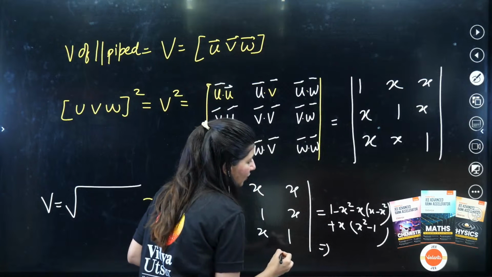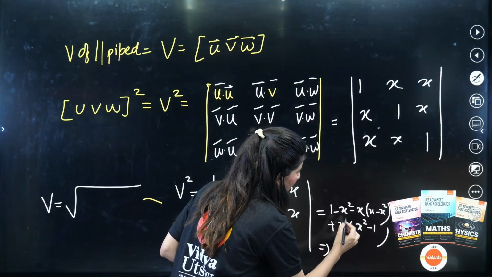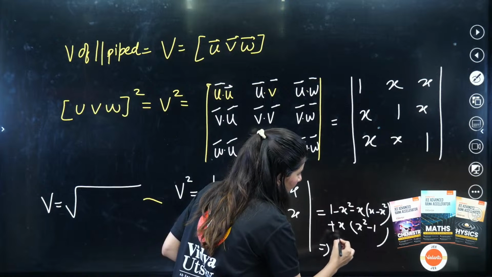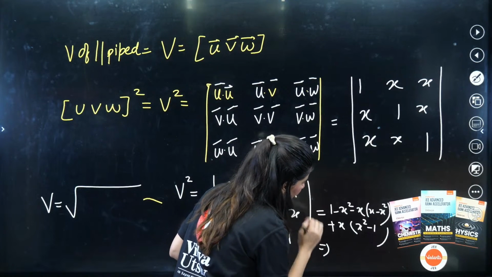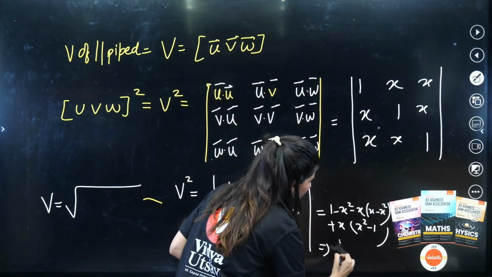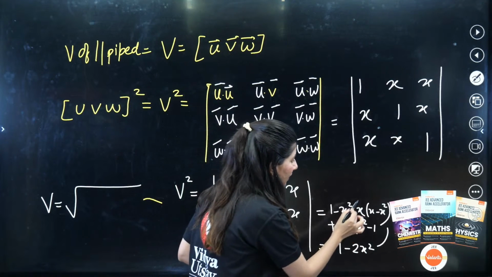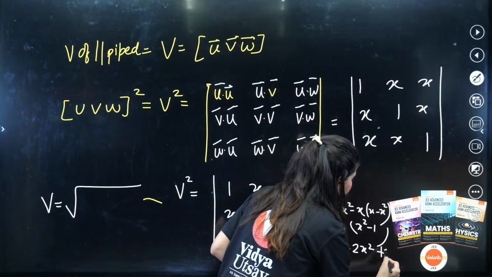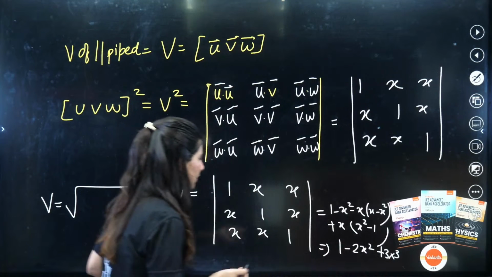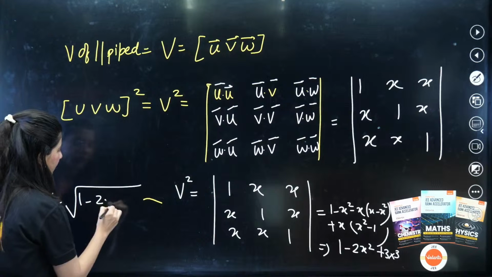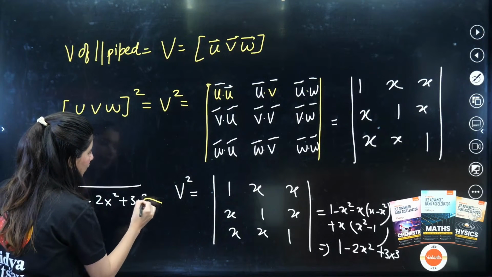So this is going to give me 1 minus 2x square, and what about x cube? Plus 3x cube. So 1 minus 2x square plus 3x cube is your answer.